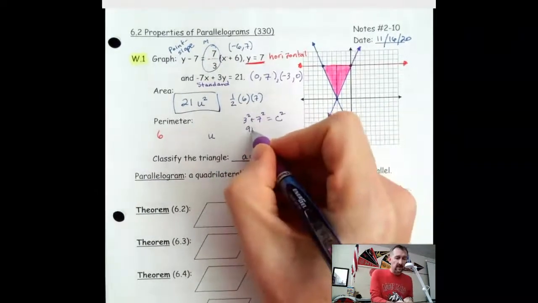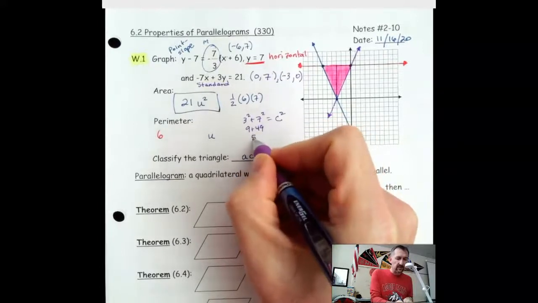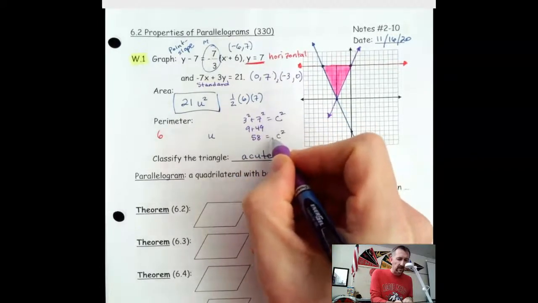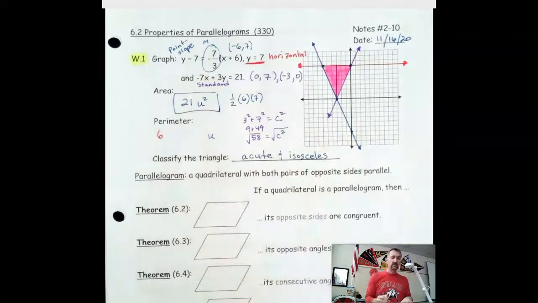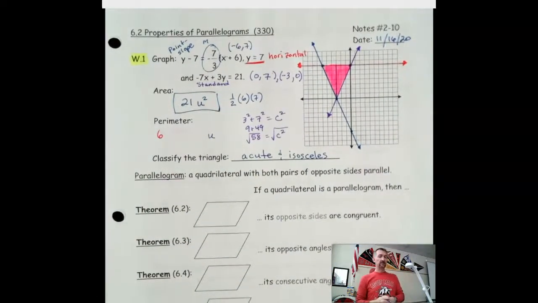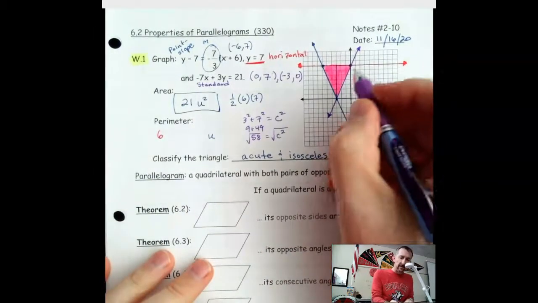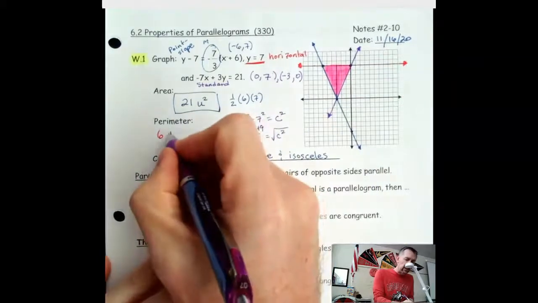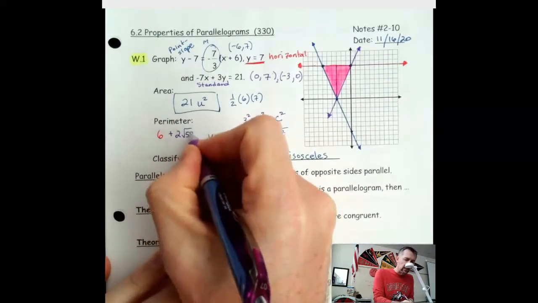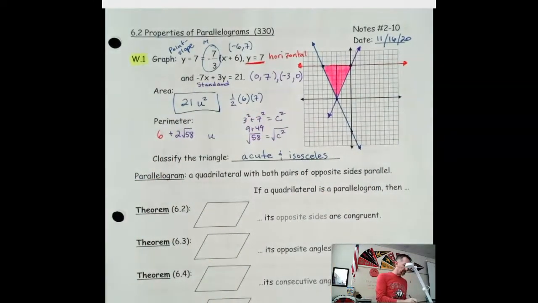So that's going to be 9 plus 49, which is 58. And that doesn't have a perfect square factor. It's 2 times 29, but that's not helpful. So this is going to be root 58, but so is this. So we're going to have plus 2 root 58 for that.